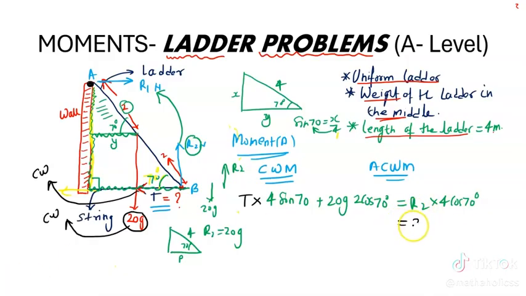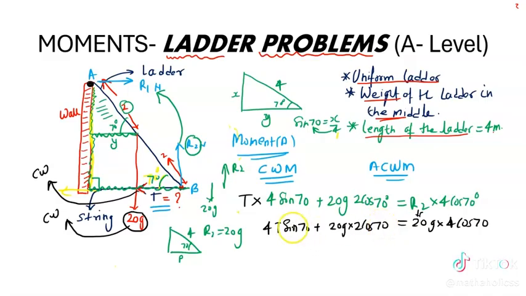So this should be 20G times 4 cos 70, and here it should be 4T sin 70 plus 20G times 2 cos 70.